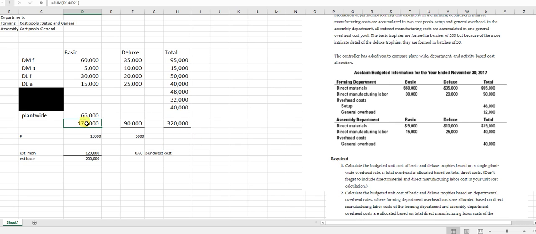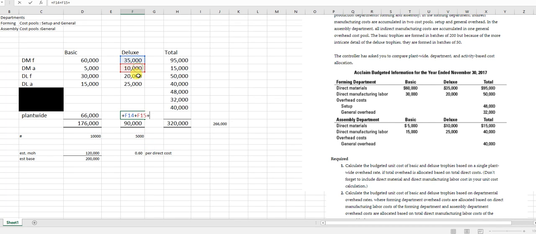Okay, so when I add these across in the end, remember this $320,000 there? It's actually the sum of all those, and notice that I'm adding those across. Hopefully it's going to end up at $320,000 when I'm done. Now I'm going to allocate to the deluxe based on my direct costs.